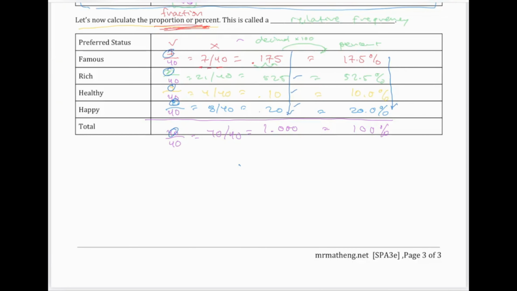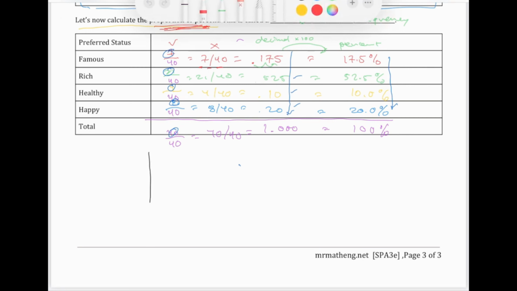Good luck, guys. All right, let's go ahead and create a relative frequency graph here. You have your famous, your rich, your healthy, your happy, and over here I see the max of around 52%, so 10, 20, 30, 40, 50.